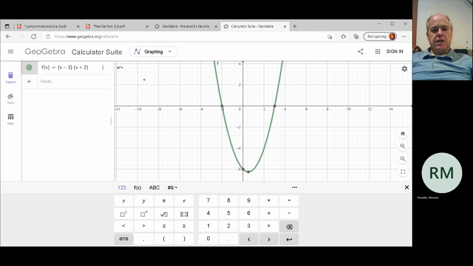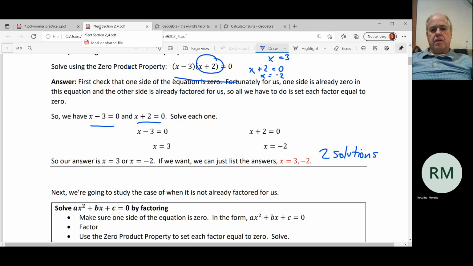That's the function. When it's equal to 0 is when this side is equal to 0, that x equals 3, or when this side is equal to 0 at x equals negative 2. So when you think of the zeros of your function, think of, well, I have a curve that's going to be hitting the x-axis in two different places. I am solving for the locations of where it hits those x-axes. That's what you're doing when you're solving for this equal to 0.